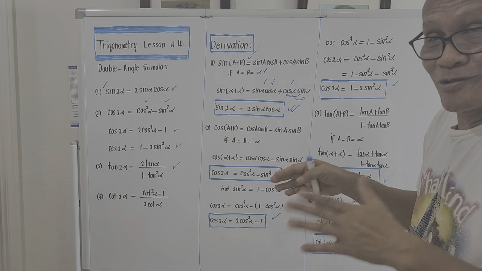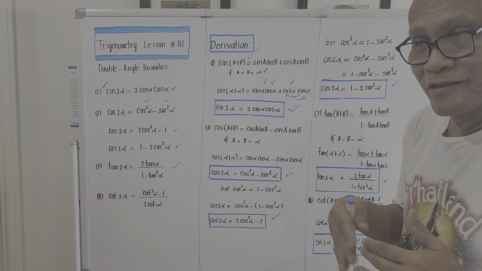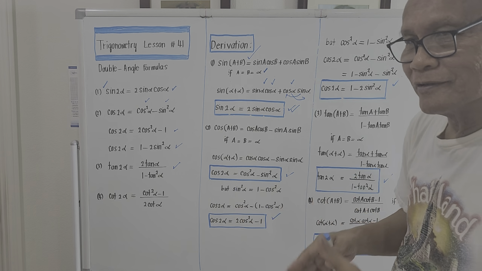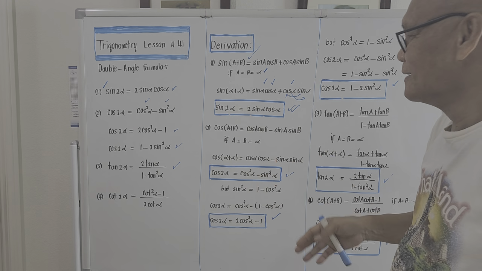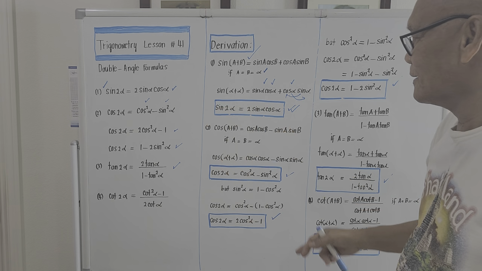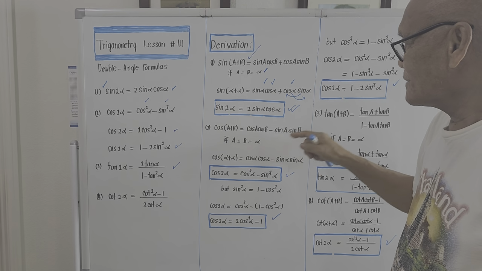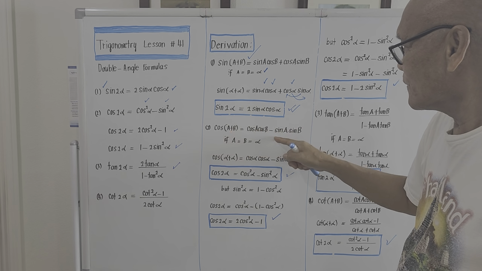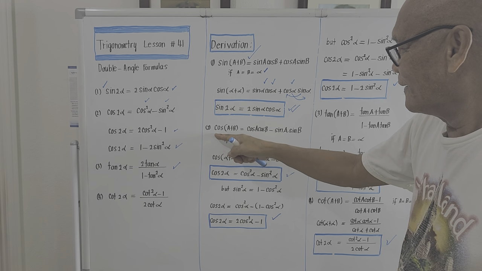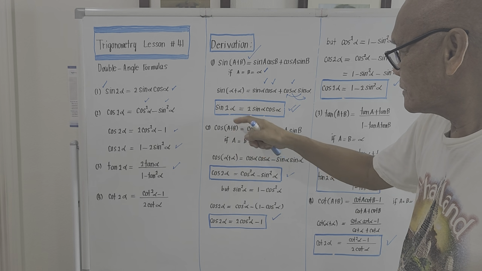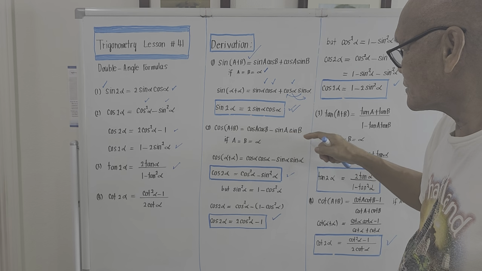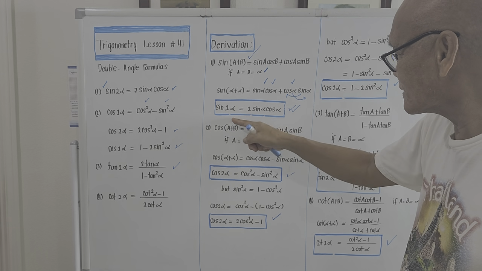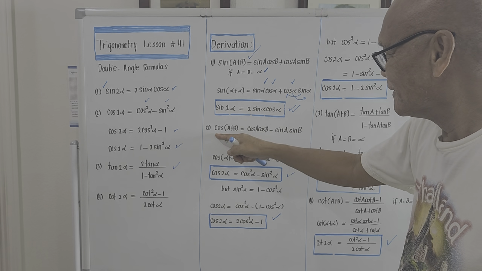Cosine, cosine, sine, sine. If this is plus, this should be minus for cosine. So the expansion of cosine of a plus b will be cosine a cosine b minus sine of a sine of b.